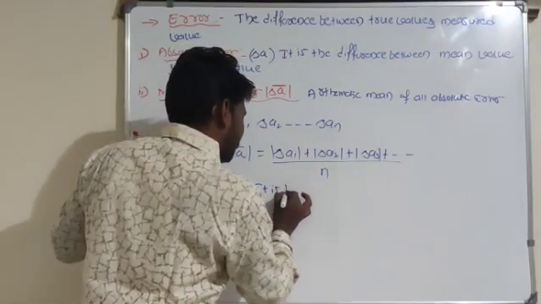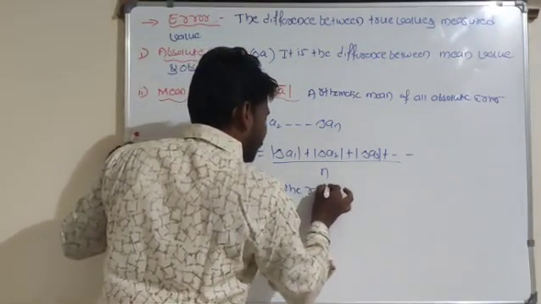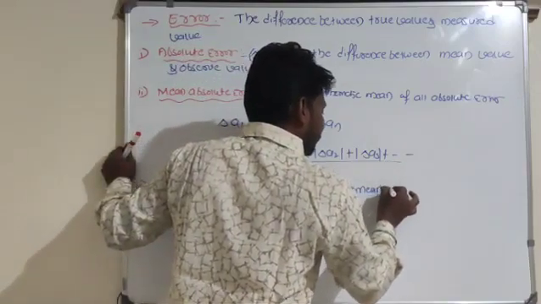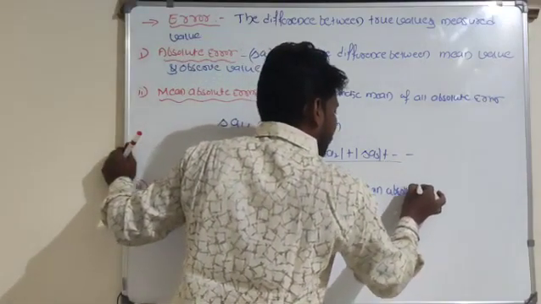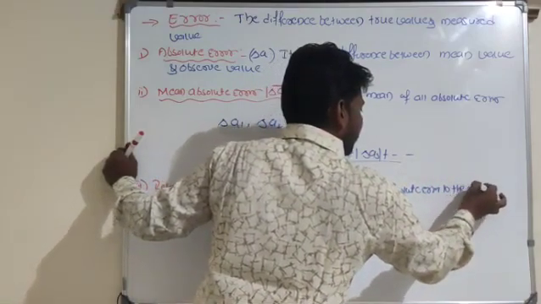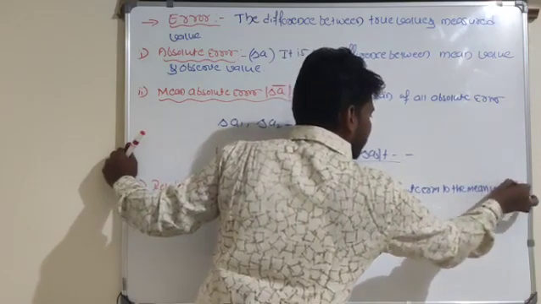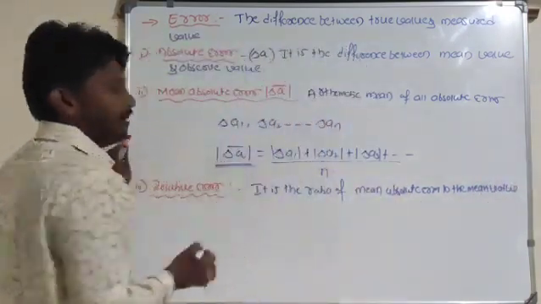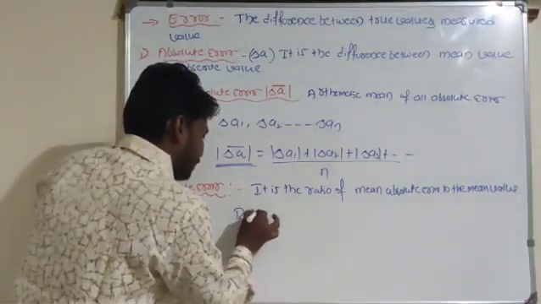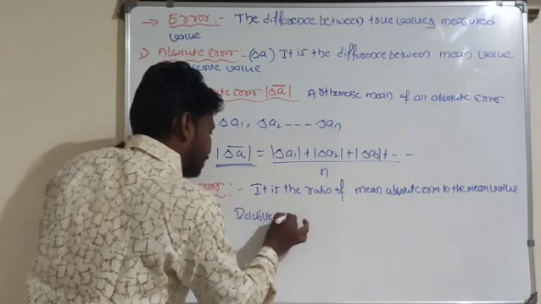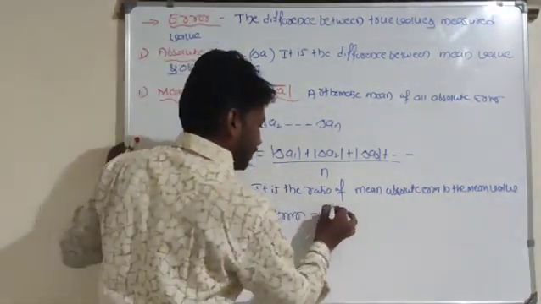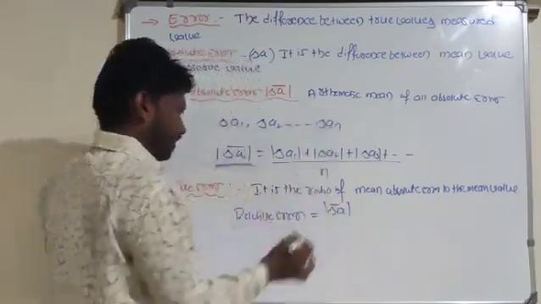It is the ratio of the mean absolute error to the mean value. Delta of A bar is the mean absolute error here. So relative error is equal to the ratio of the mean absolute error.